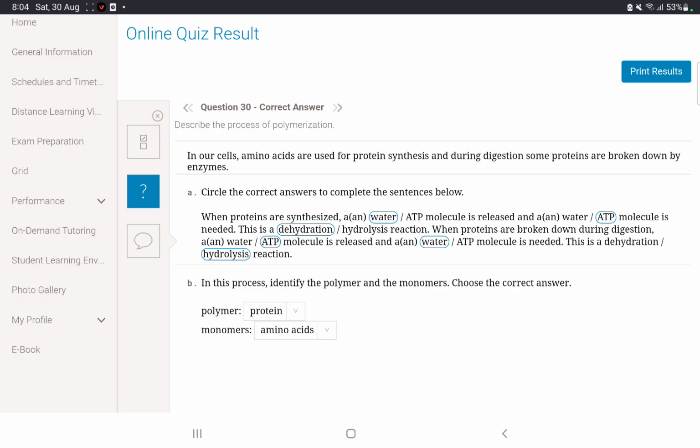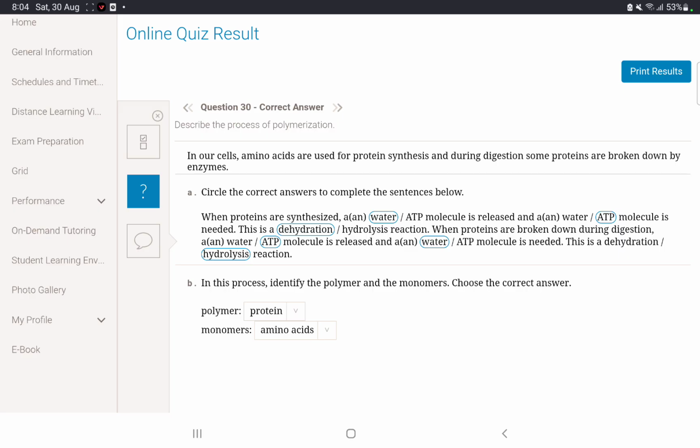This is dehydration, another word for it. When proteins are broken down during digestion, an ATP molecule is released. So when you break something down, you're going to release energy and add water. When you want to build something up, you remove water and consume energy. And breaking down obviously means hydrolysis.